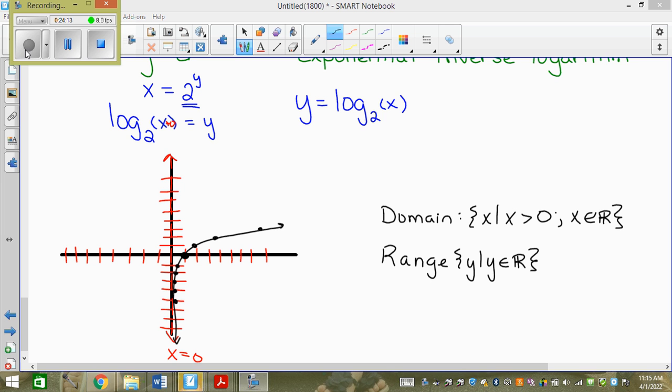Paying attention? What kind of asymptote is this? It's a vertical asymptote, at x equals 0. Okay?